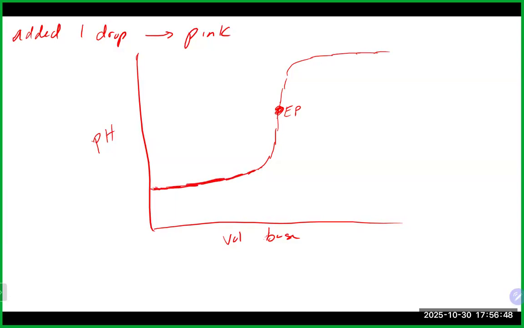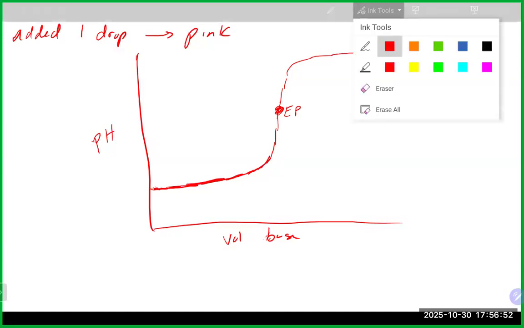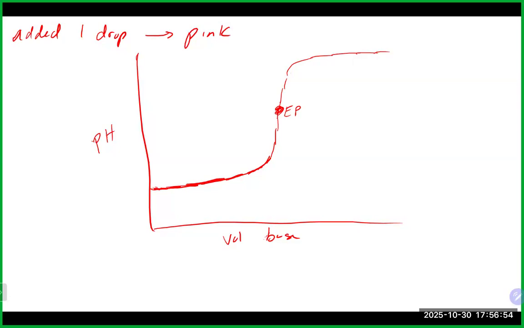And as you approach the equivalence point, you see a fairly vertical rise to the equivalence point, usually a jump in pH. And then after the equivalence point, you'll see another vertical jump past it.